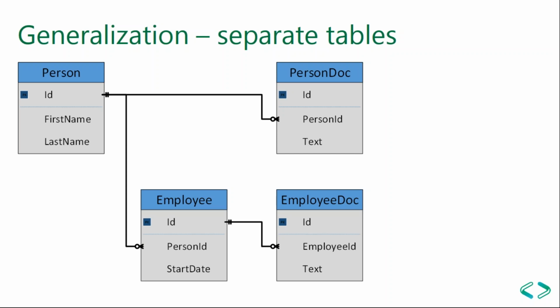Yes, because when I need some data about a person, I query only one table, person doc. It can be much smaller than one big table. But when I need to query data for a person who is also an employee and a student and something else, I need to query all these tables, person doc, employee docs, and so on.